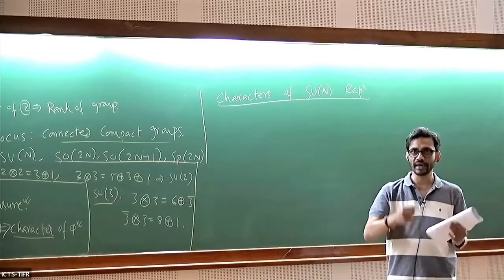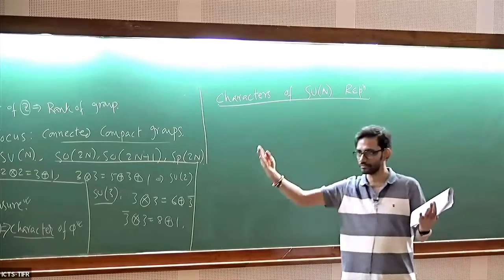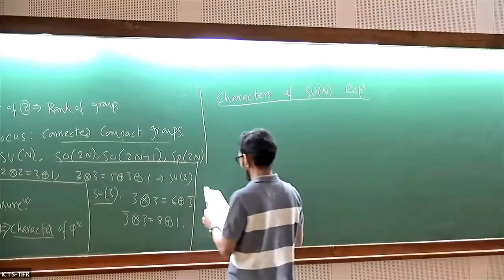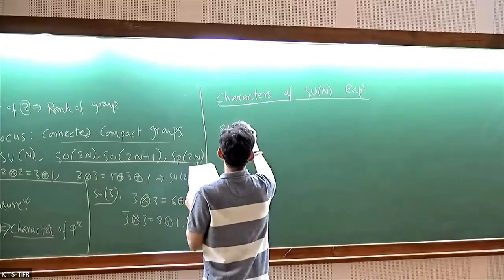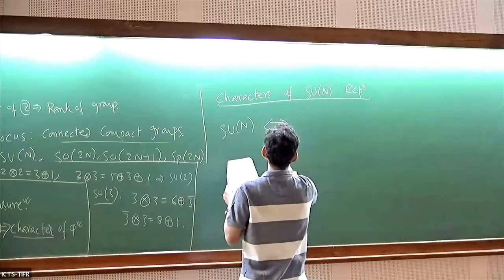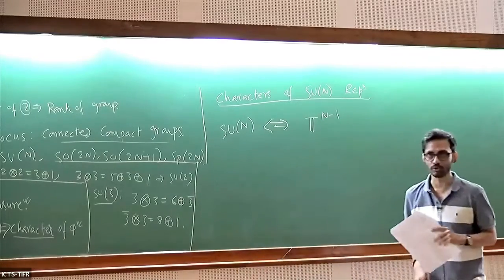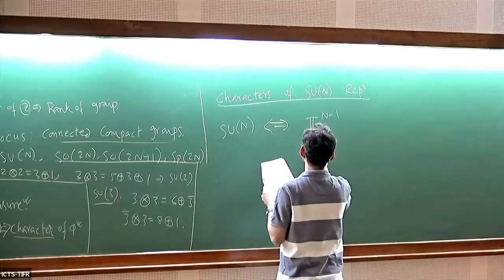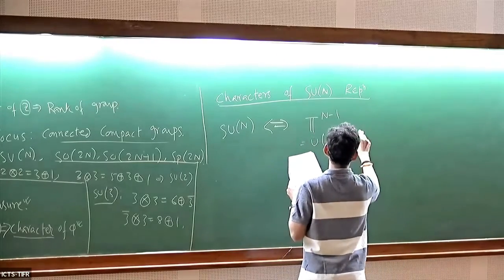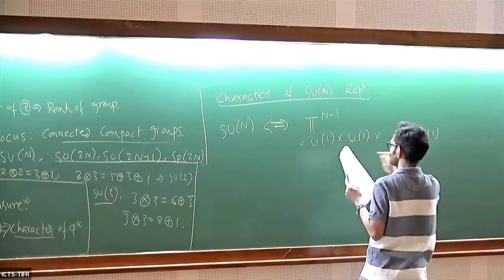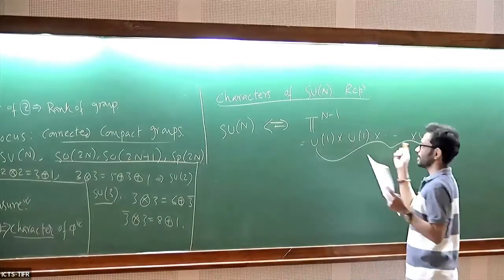You can write down N-1 copies of U(1), product of that. So SU(N) you can think of as having a maximal torus T^(N-1). This is how we'll write it down, and this is actually U(1) times U(1) times U(1), in N-1 copies.